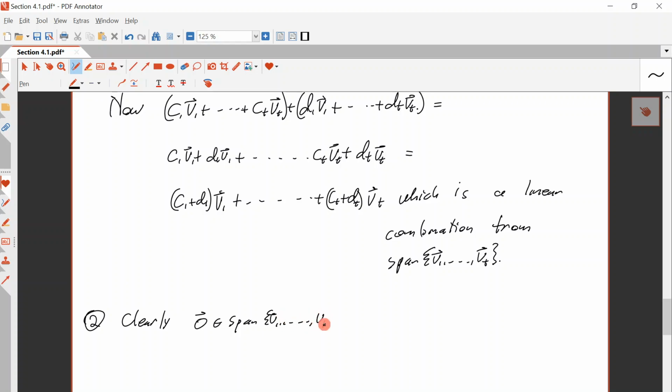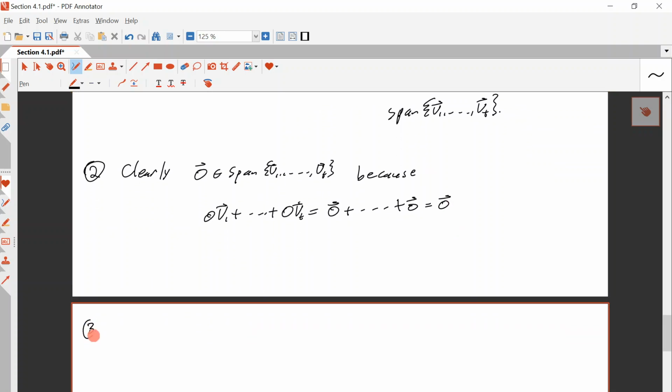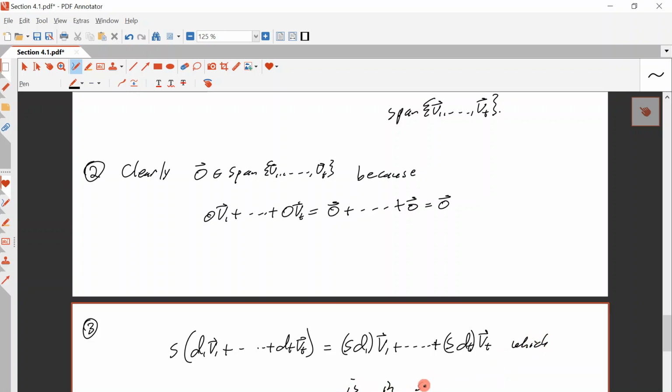V1 to VT, because scalar 0 times V1 plus scalar 0 times VT is equal to the 0 vector, since each one is the 0 vector in V. And then 3, if you take a linear combination and you take a scalar S, just do the distribution: S D1 times V1 plus S DT times VT, which is in the span of V1 to VT.